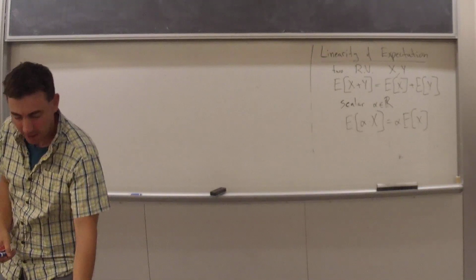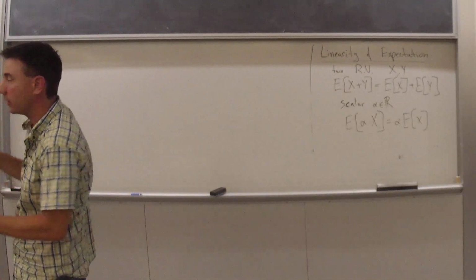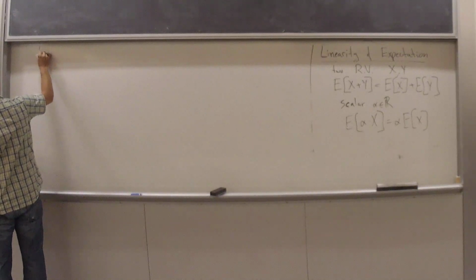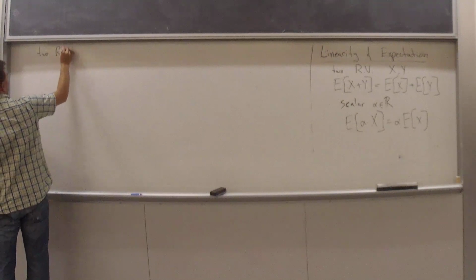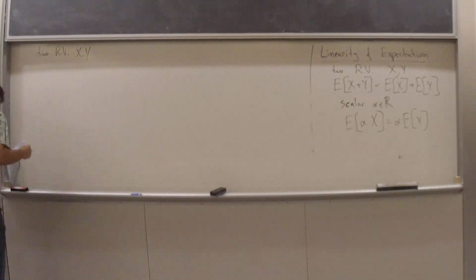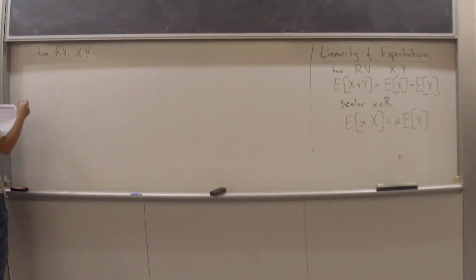In the continuous setting, we have to be a little bit more careful with calculus. So let's say I have two random variables, x and y, and I'm going to talk about the joint PDF between them.